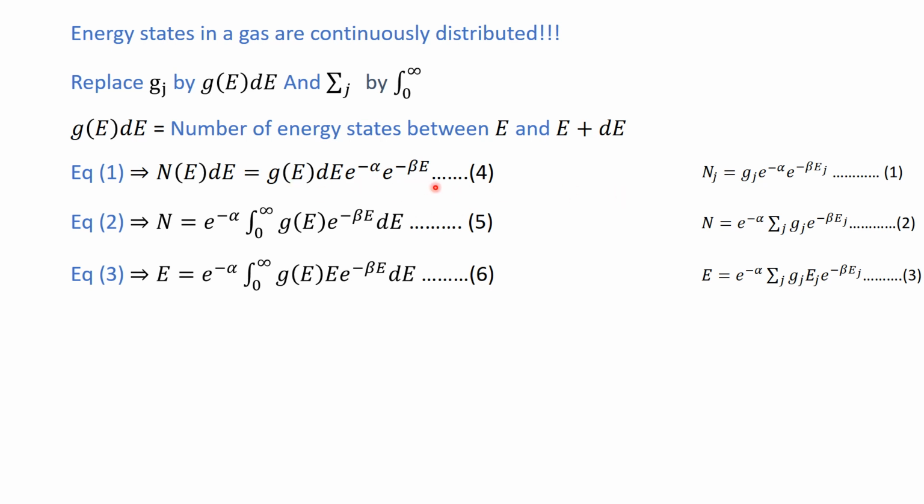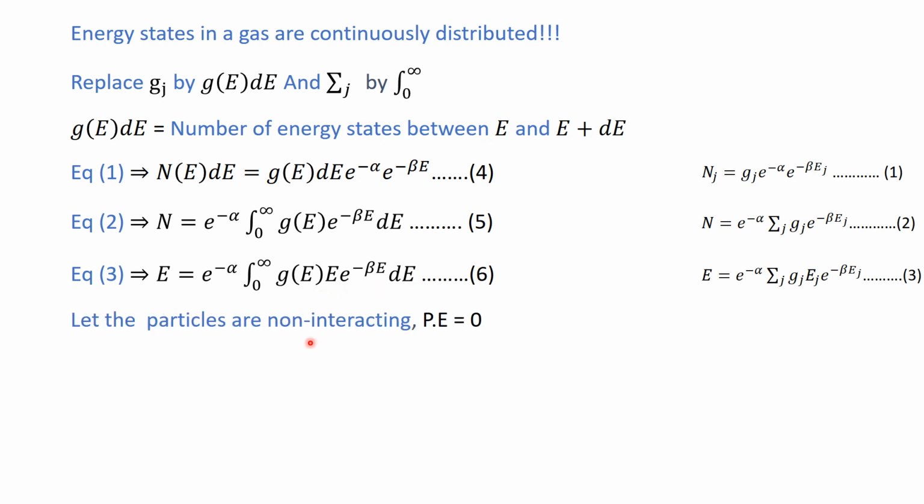So Ne dE is actually the number of particles between the energy states E and E plus dE. Similarly, the total number of particles: here you see the sigma sign is replaced by the integration and Gj by Ge dE. Similarly, equation number 3 can be modified like this.